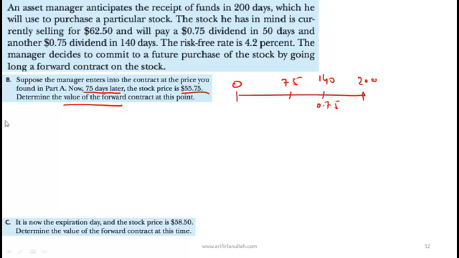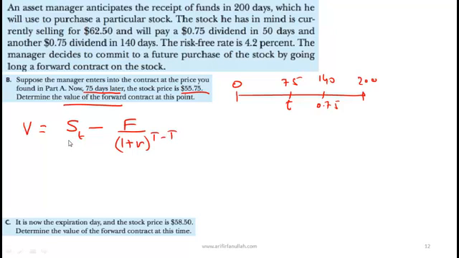I like to remember simple things, so the value is S minus, where S is the spot price at time t, minus the forward price over (1 plus R) to the power of T minus t.